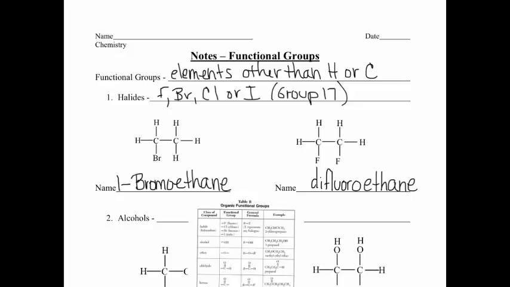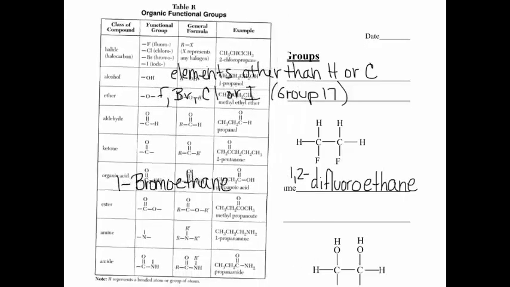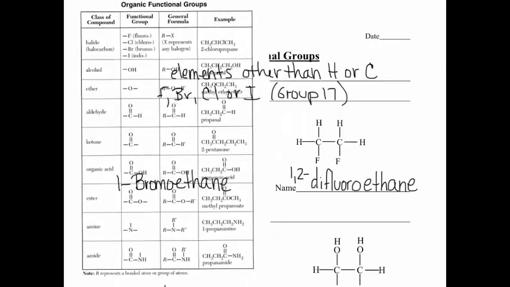And then we need to give the address of both. This time you don't have a choice because they could both be on the first carbon. It could be 1,1-difluoroethane, but since it's on the second one and the first one, we're going to say 1,2-difluoroethane.